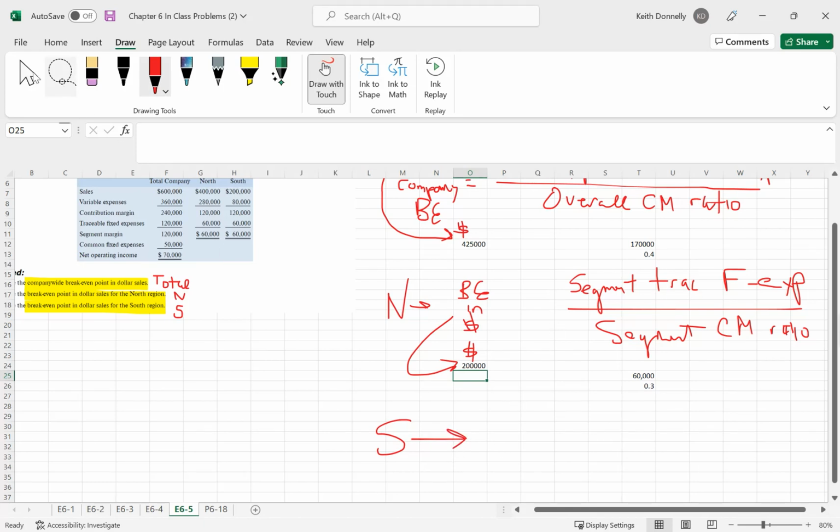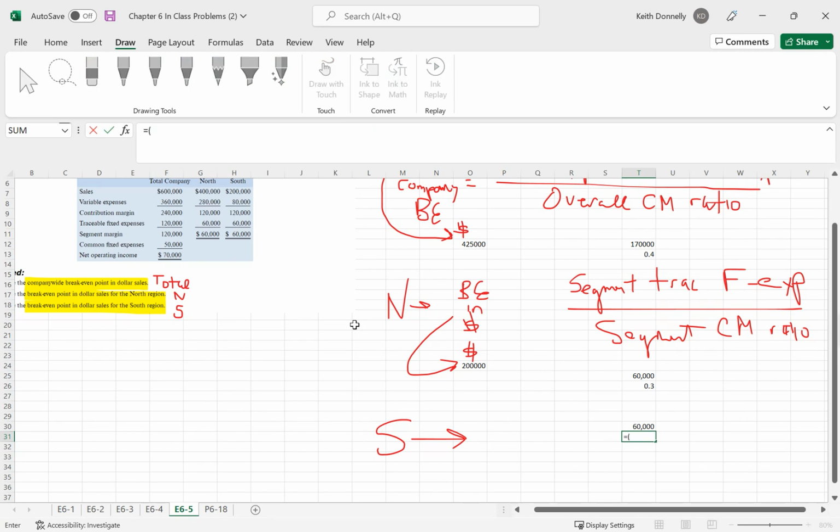It's going to be the same equation. If we plug these numbers in, we did the north, now we're doing the south. In this case, we're going to again have $60,000 traceable expenses.